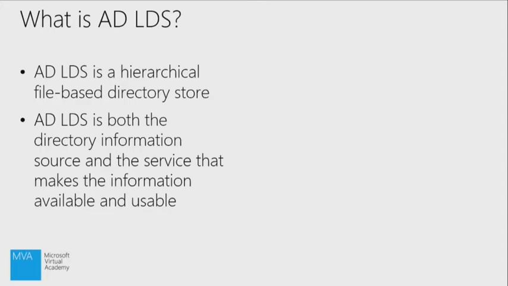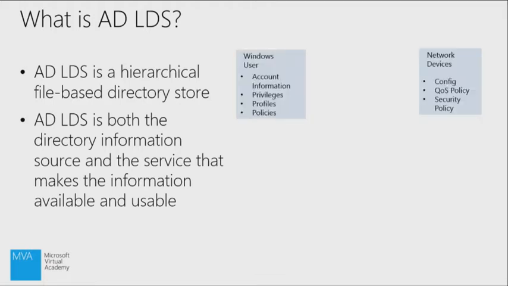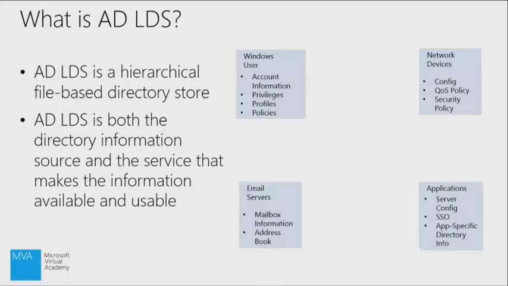Our last one, Active Directory Lightweight Directory Services, is essentially Active Directory Domain Services in an empty shell template form. It's both the directory information source and the service that makes it available and usable. This is the same definition we used earlier in ADDS. Same options, except without a couple of the key pieces that ADDS provides: Windows users, network devices, applications, and email servers.